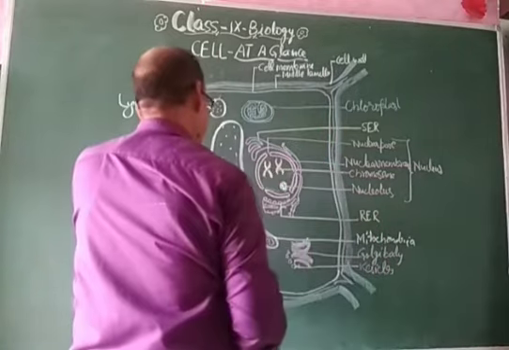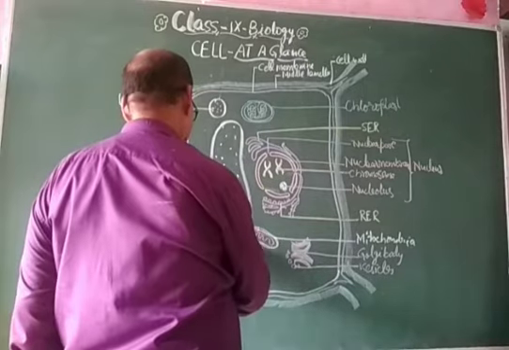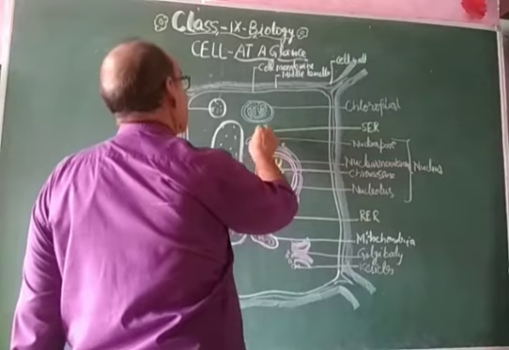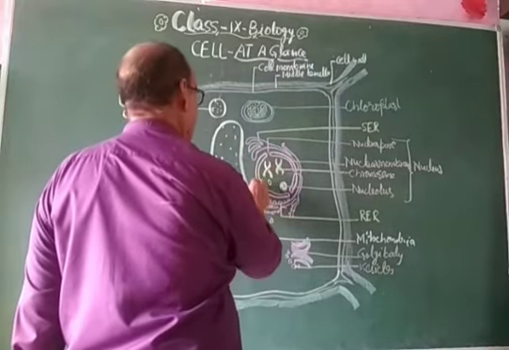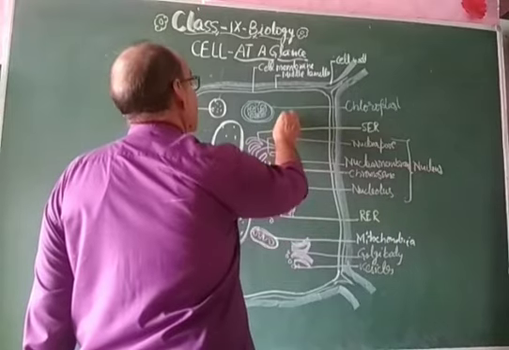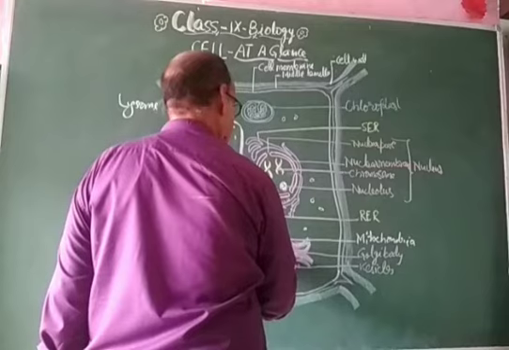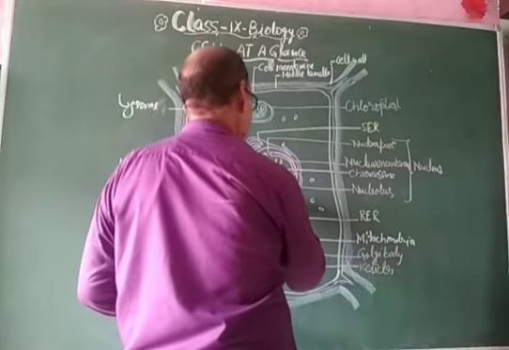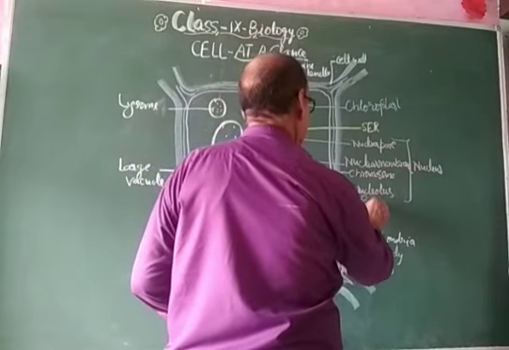And apart from these, ribosomes are there. They are formed at the different stages. This is the ribosome. These are the ribosomes.